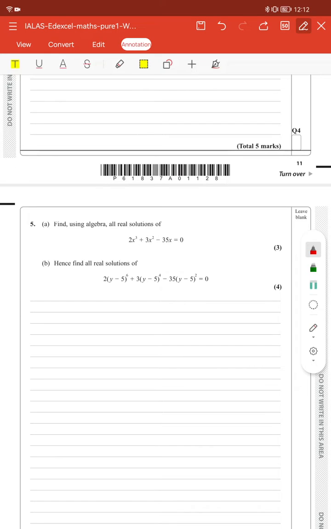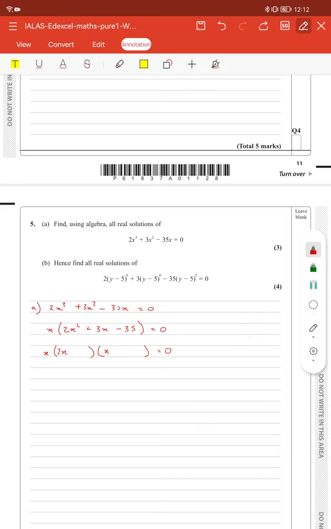Now it wants us to find all real solutions of this. So if we have 2x cubed plus 3x squared minus 35x equals 0, we can immediately pull out an x from each term, and then we have a quadratic, which we can factorize.